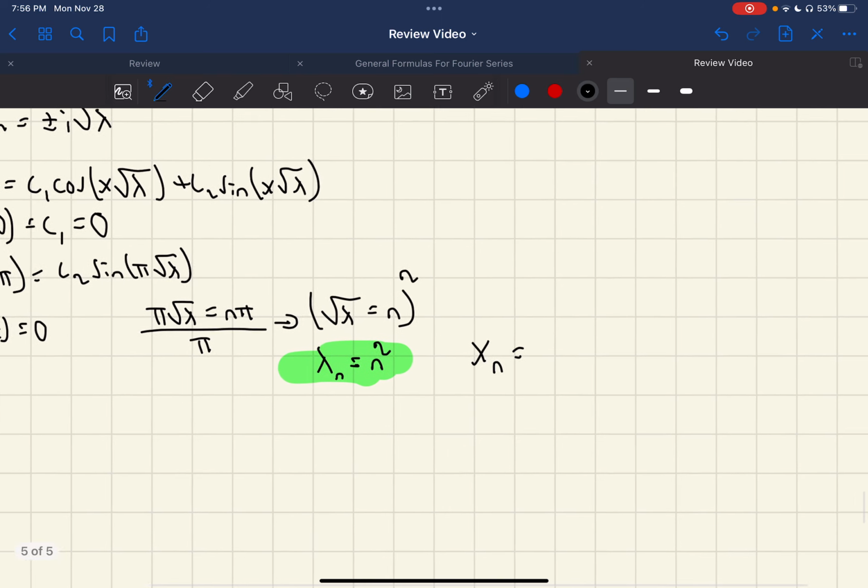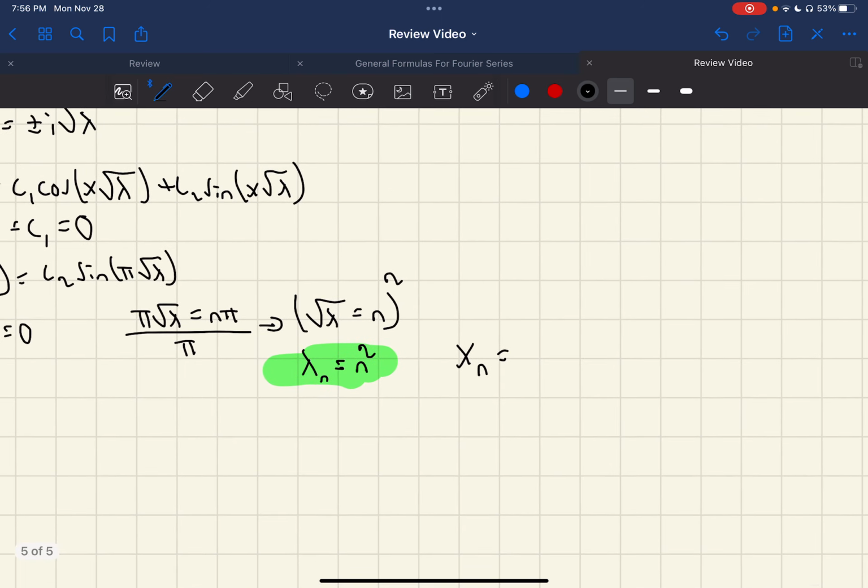We already know that c1 is 0, so we're only looking at the part with sine. Plugging in lambda, it just becomes sine of nx. And that's our function. Let me just make sure I'm doing all this right, because it would suck to backtrack. Okay, everything is good. And n is just 1, 2, and all integers after that.